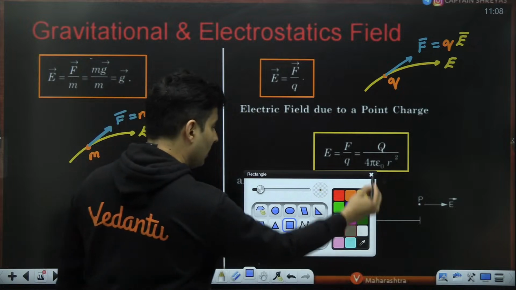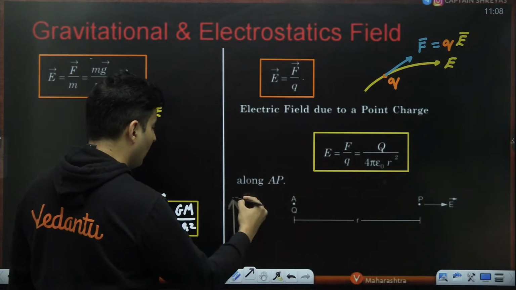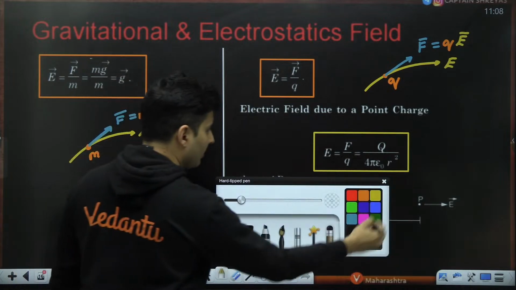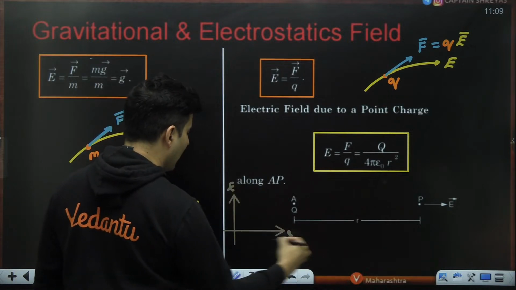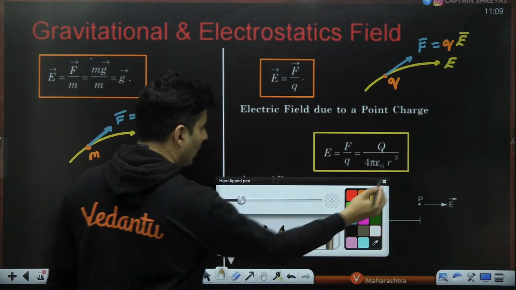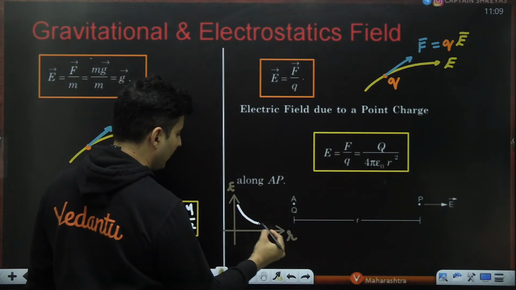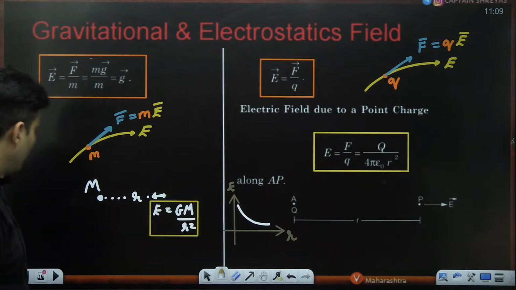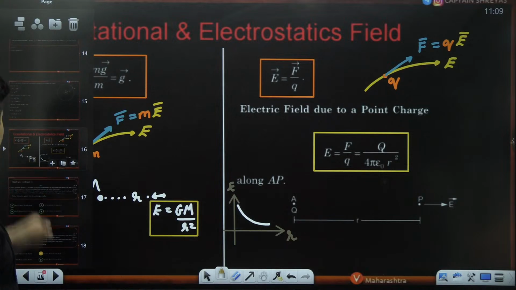If you plot the graph of these things, whether it is gravitational field or electric field, doesn't matter. Because the formula has r square in the denominator, the field versus r graph always comes out like a curve like this. Okay, keep these things in mind. Awesome. So with this, let's start doing some questions.